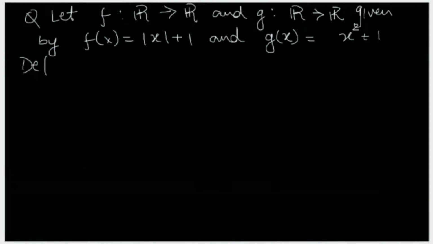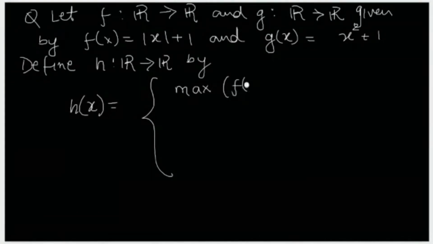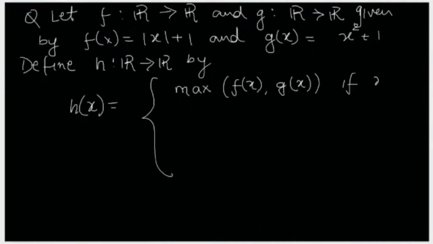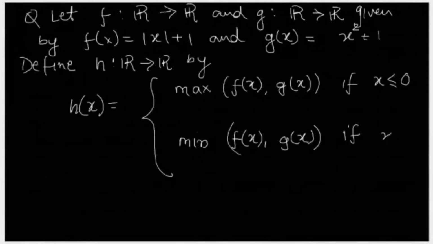So define a new function h from R to R. You can verify that. h of x equals max of f of x, g of x if x is less than or equal to 0, and min of f of x, g of x if x is greater than 0.